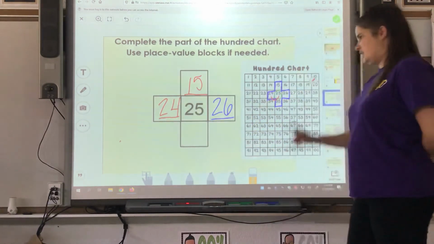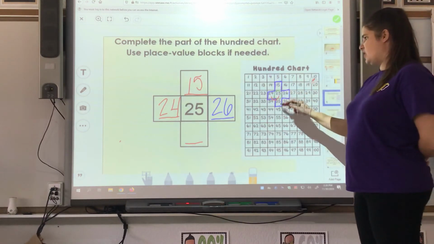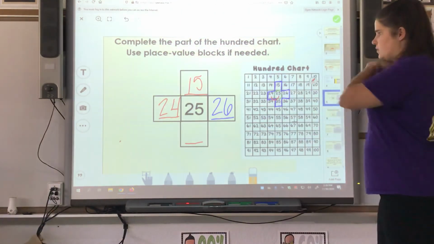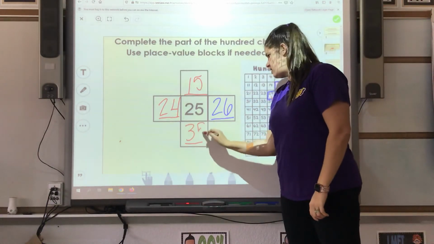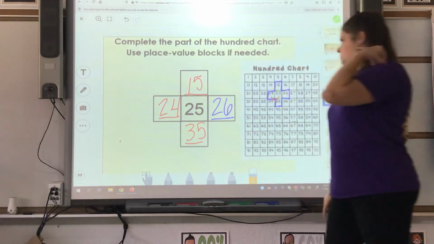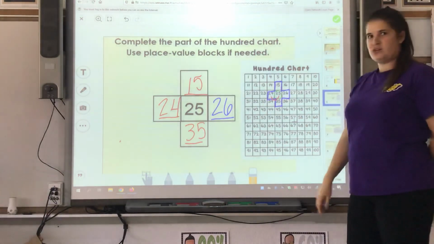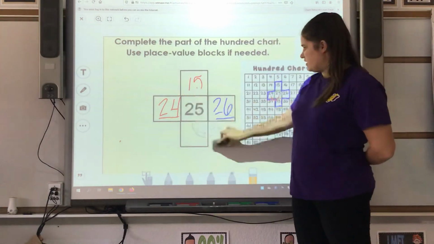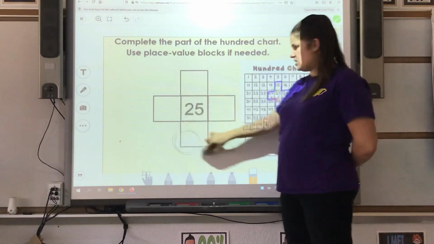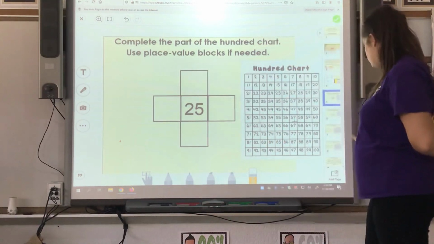And last but not least, 25 plus 10, I'm going to look below and add 10. 25 plus 10 is 35. So this plus sign over here looks exactly like the plus sign that I have on my hundredths chart. The hundredths chart is an extra reference to help you if you need it. If you can do these in your head, great. But this hundredths chart is there to help you.